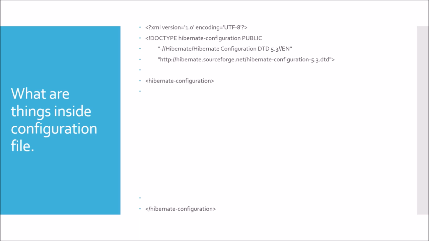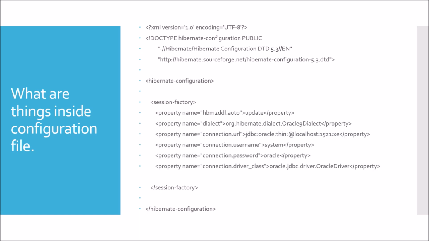So inside this hibernate-configuration tag, you have session-factory tag, and this session-factory tag will contain the data source mapping. By the term data source mapping I mean username, URL of the JDBC, password, driver class to connect, and the properties like hbm2ddl.auto also.